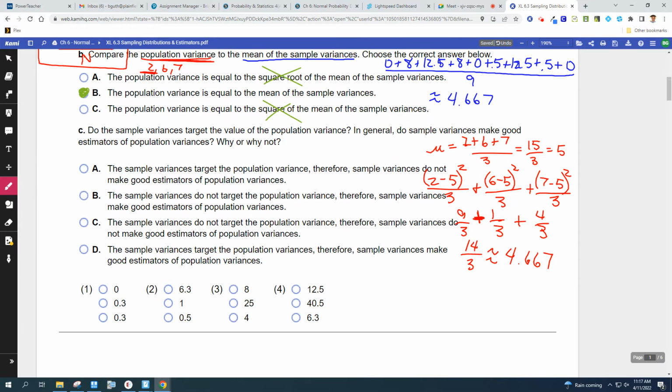Do the sample variances target the value of the population variance? Basically, that's the same question. It's saying, are they the same? Yes, they are the same. And if they're the same, then we're going to say it's a good estimator. So the sample variance targets the population variance.